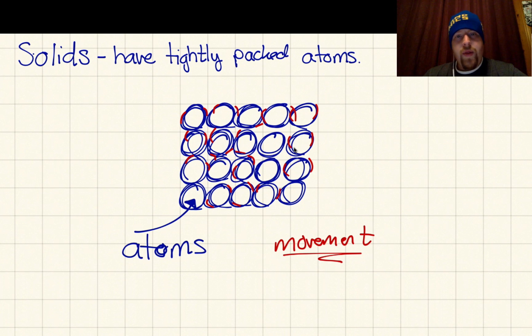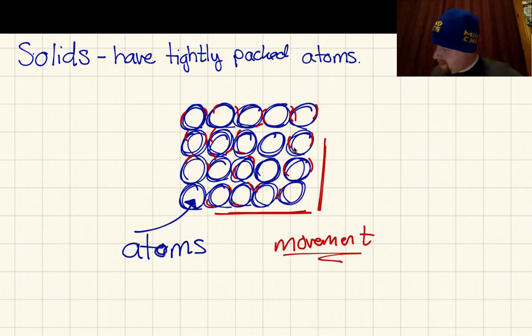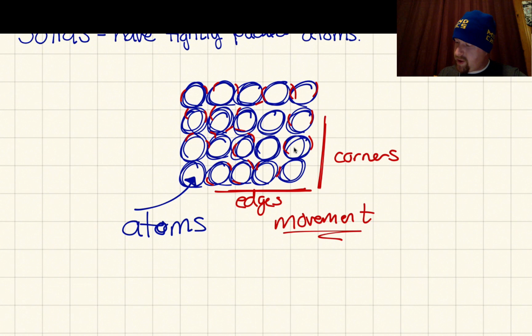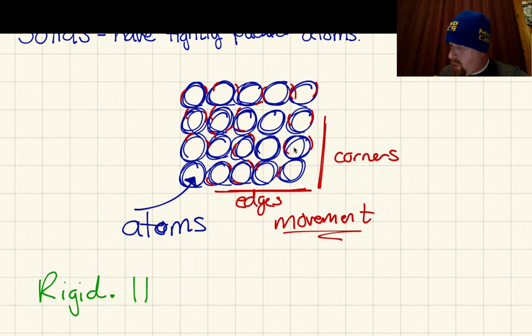Okay. Also notice that these solids, when the atoms are all kind of combined together, they have edges and corners. This suggests that they have a very rigid shape. So one of the things about solids, which is really important to understand, is that they are rigid. They hold their shape.